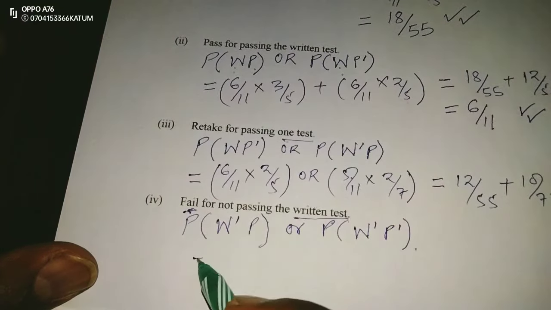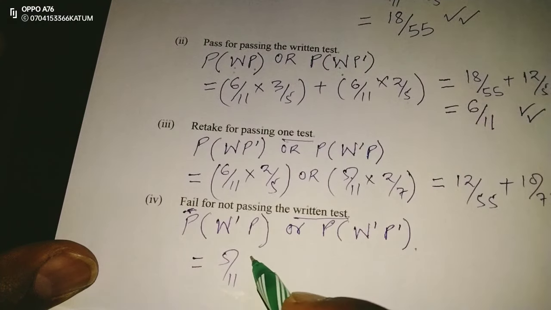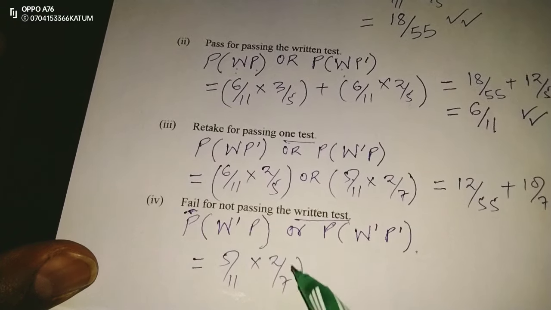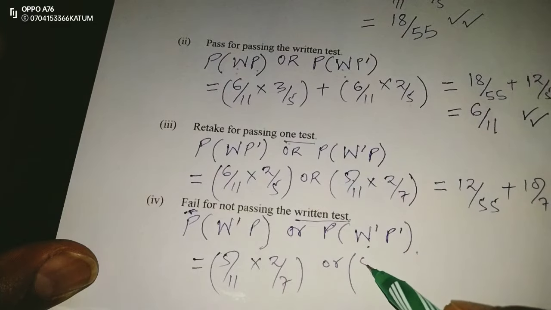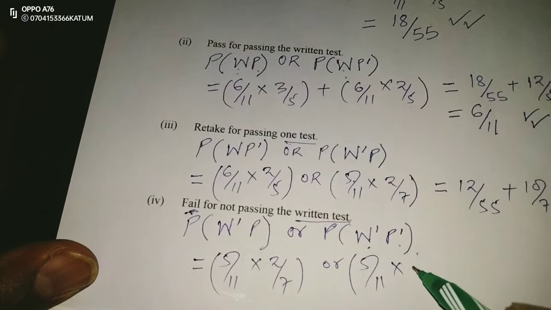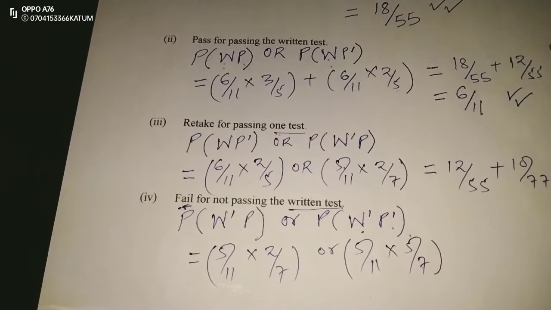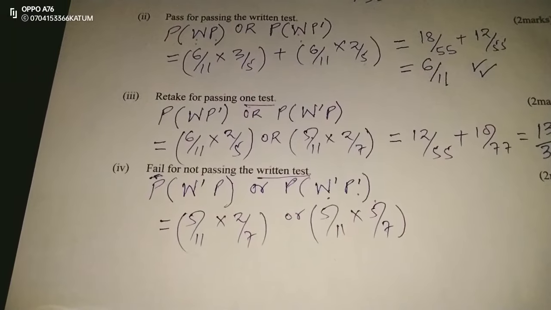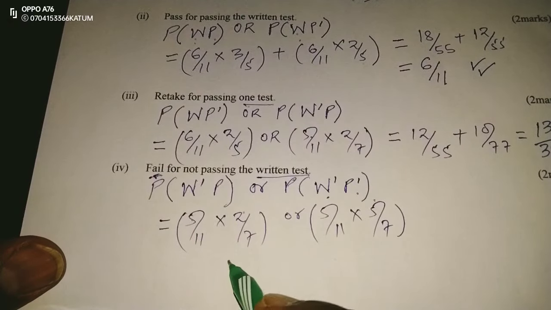So this is going to give us failing in the written 5 over 11, but passing in the prac 2 over 7, or failing and you also fail in the practical, which is 5 out of 7. So this is 10 out of 77.